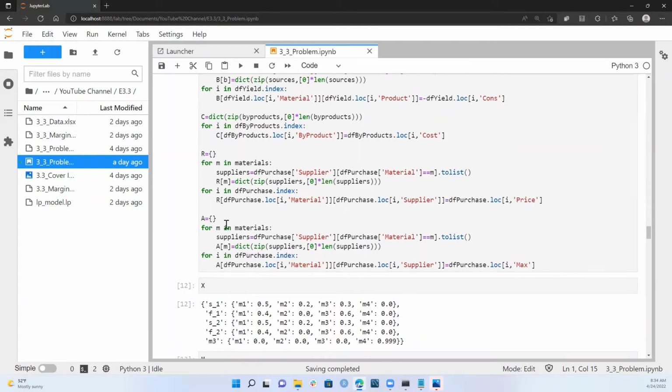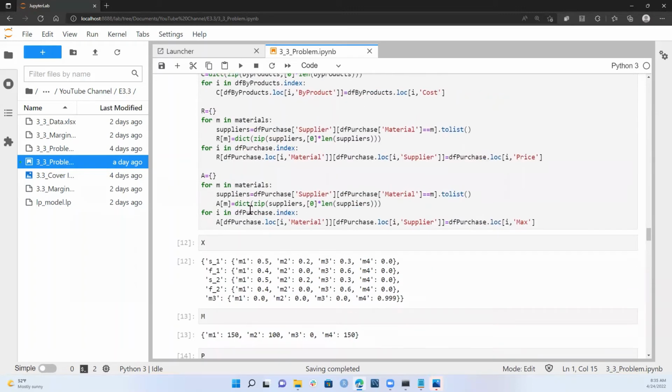Then I do something very similar with A. It has the same structure: the primary keys are the material, the secondary keys are the supplier, and the values are the amount of that material I can get from that supplier.